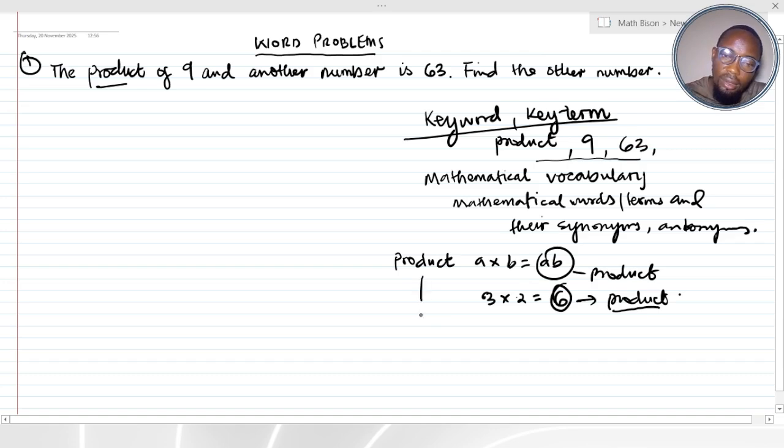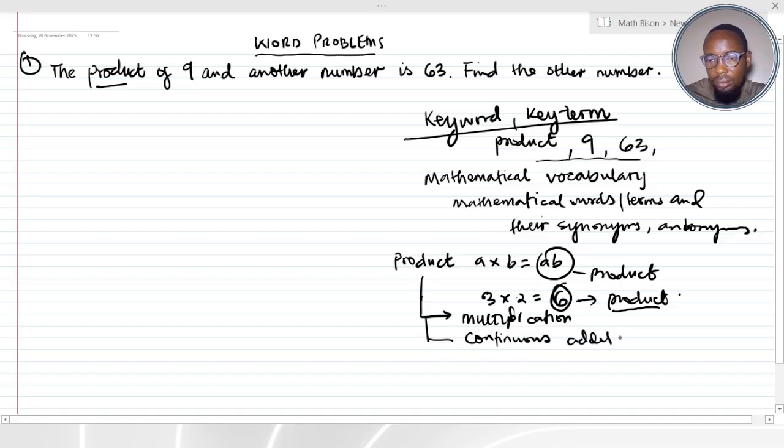We can say product, we can call it multiplication. What else? Sometimes we say continuous addition. Some people will say times, like when you say 3 times 2. Multiply. You can say multiply.